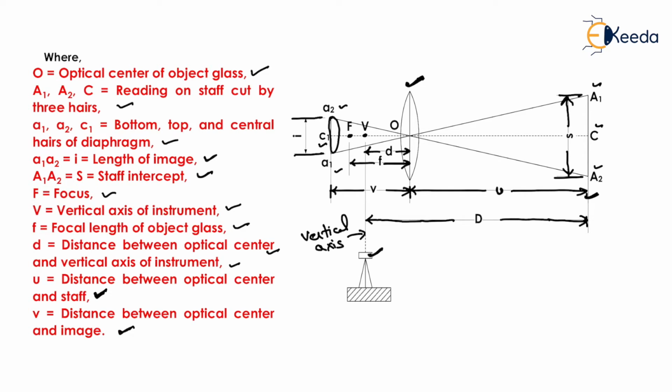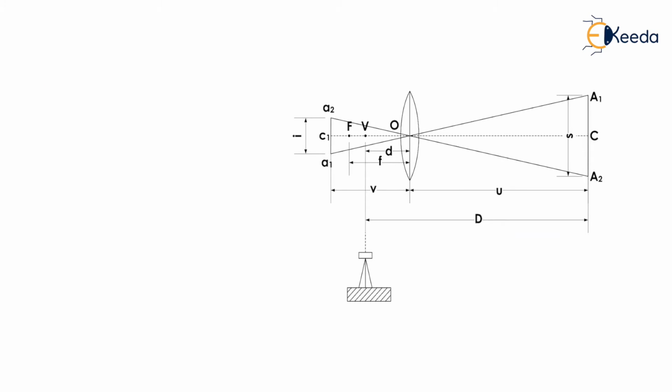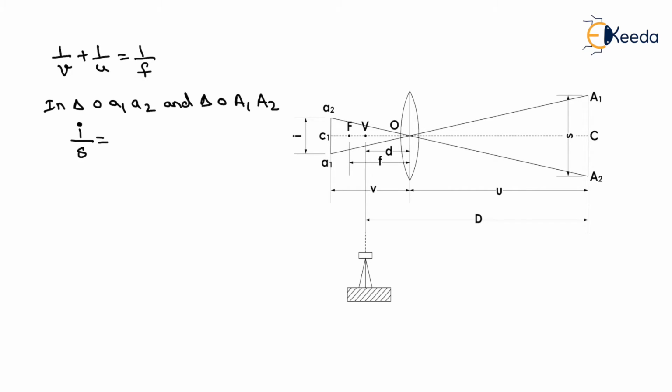As per the lens formula, we know that 1 by v plus 1 by u is equal to 1 by f. Now from the triangles O a1 a2 and O capital A1 capital A2, i by S is equal to v by u, which is shown here.